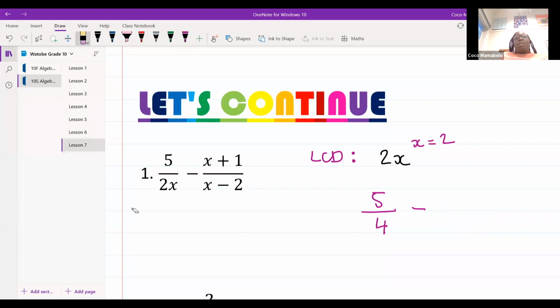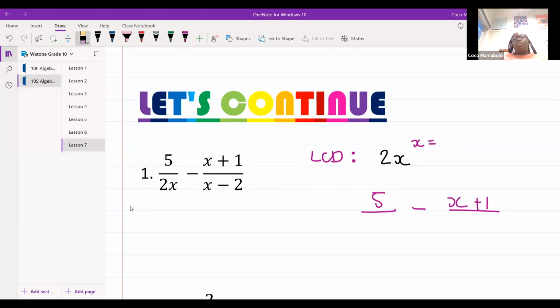So let's maybe make x equal to 3. And I'm going to get x plus 1 over 3 minus 2, which is 1. Okay. Is my LCD still 2x? No, it's not, because the two numbers don't actually go into each other.